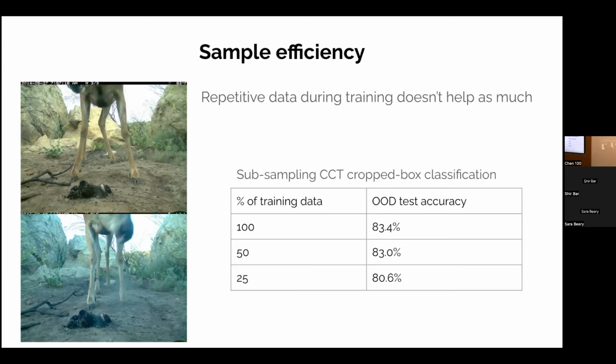This is just with Caltech Camera Traps. If we're doing cropped box classification and we train on 100% of the training data, out of distribution test accuracy is 83.4. If you train on 50%, so half the data, out of distribution test accuracy only drops by 1%. If you go down to 25% of the data, selected at random from the training set, you only go down 3%.